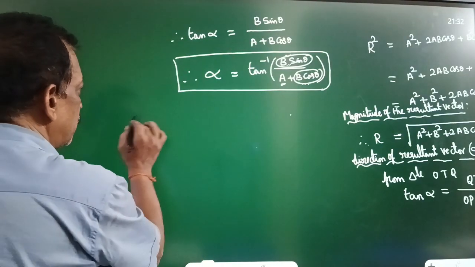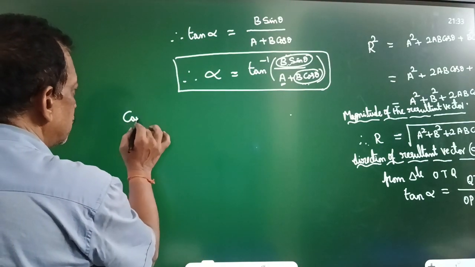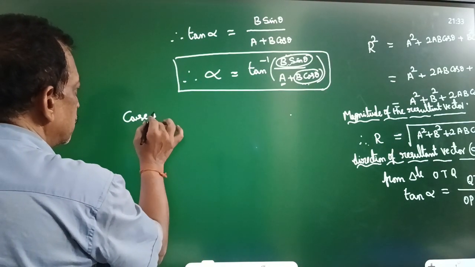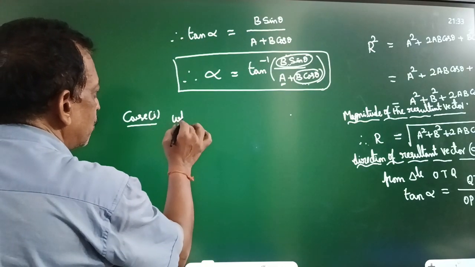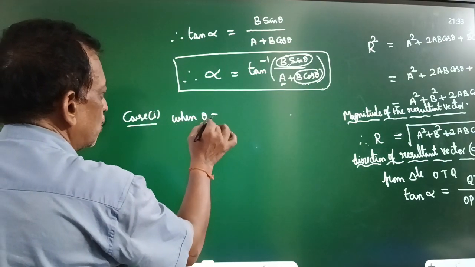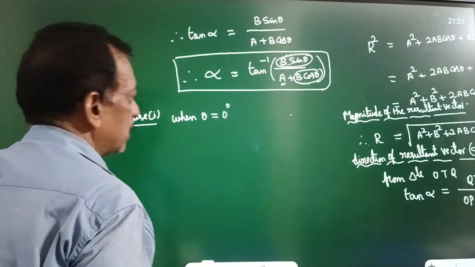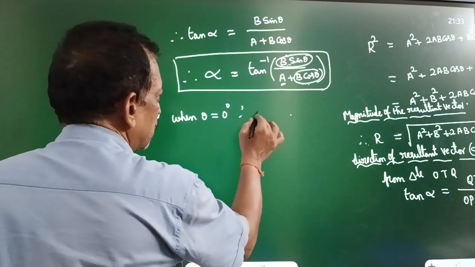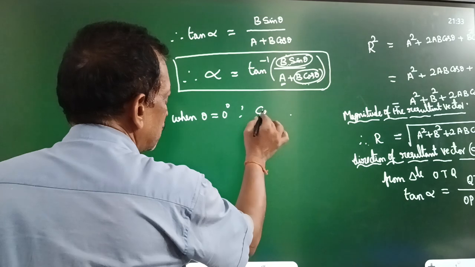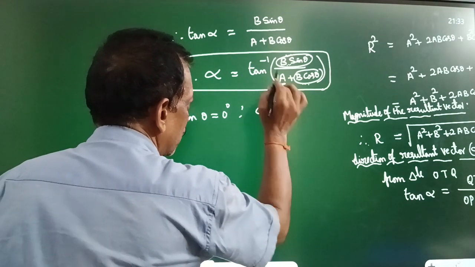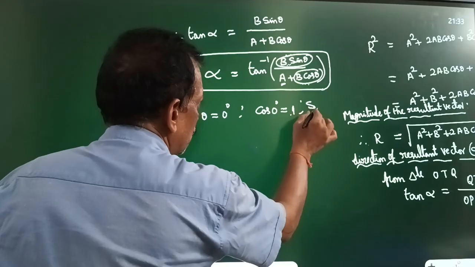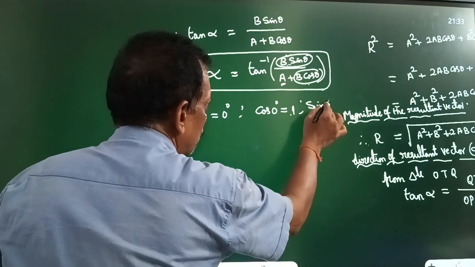Now case 1. When theta is equal to 0 degree, what is cos 0? Cos 0 is equal to 1, and sin 0 is equal to 0.